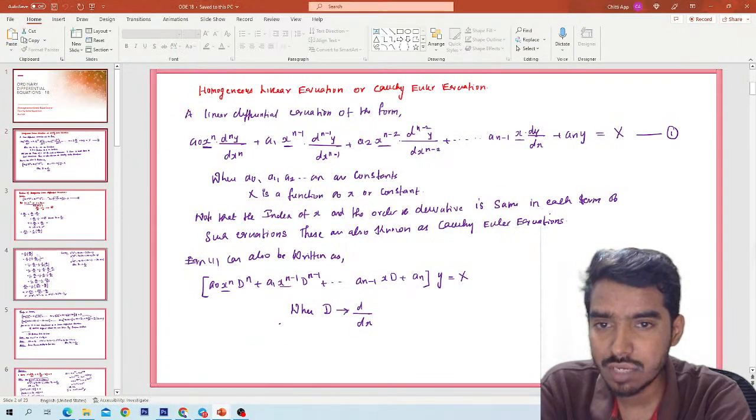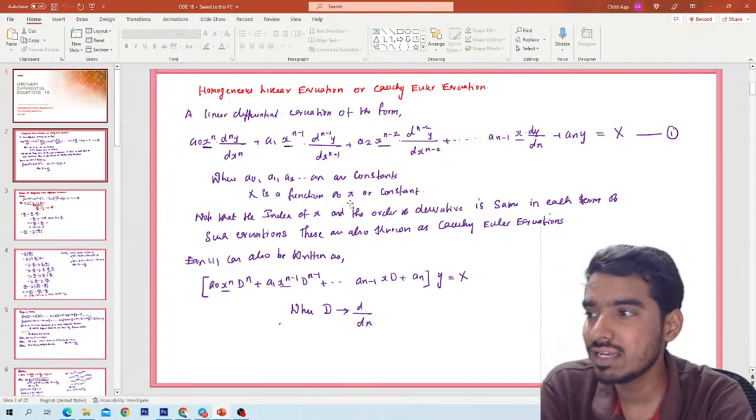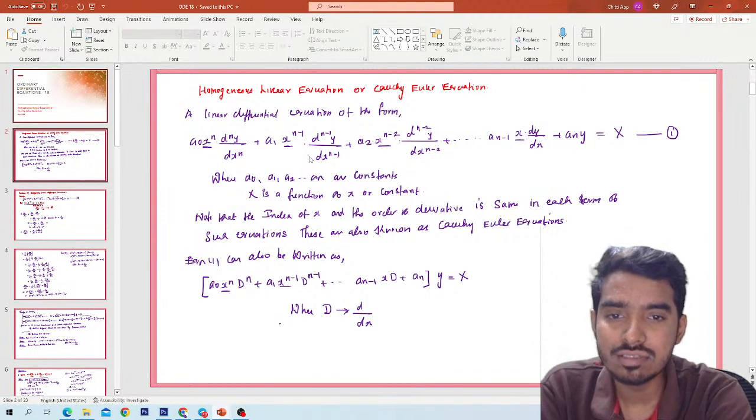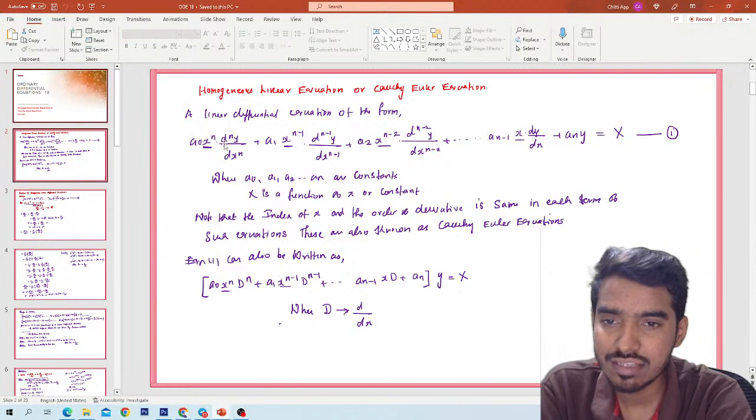These are the notes of the previous class where we introduced the Cauchy-Euler equation, or homogeneous linear equation. Both are the same. The general format of a Cauchy-Euler equation is a0 x^n d^n y/dx^n plus a1 x^(n-1) d^(n-1) y/dx^(n-1) and so on.